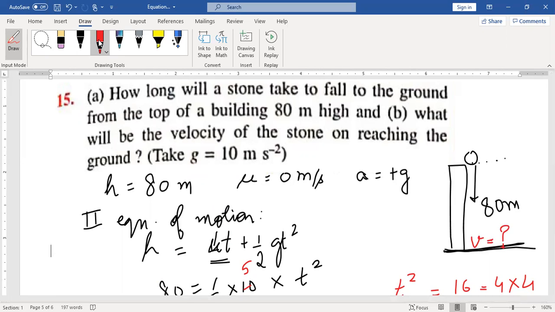Do it like we did in 9th question. Students, I want you all to try yourself by using equation number 1 and then find the value of final velocity. So try second part yourself.